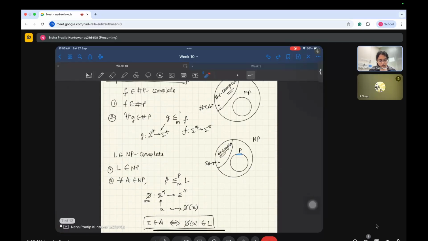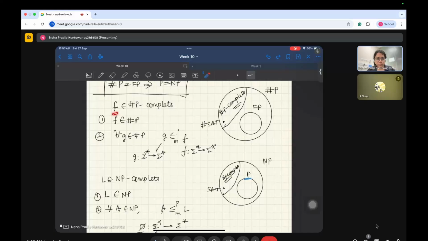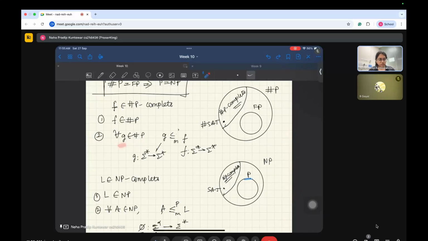So these are all functions from 0,1 star to 0,1 star, and so is G. Therefore this really does not make sense to carry forward the same notion of reduction, because we have functions here. So we define it in the following way.